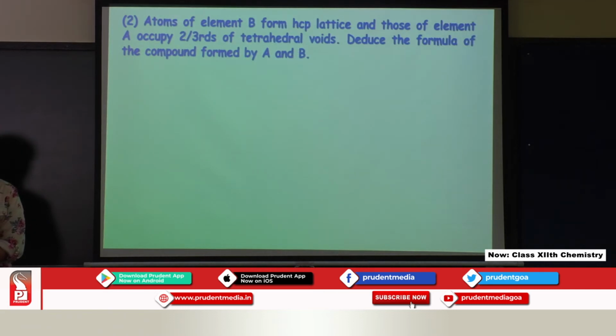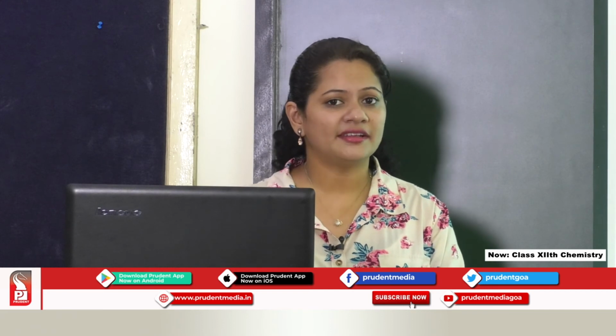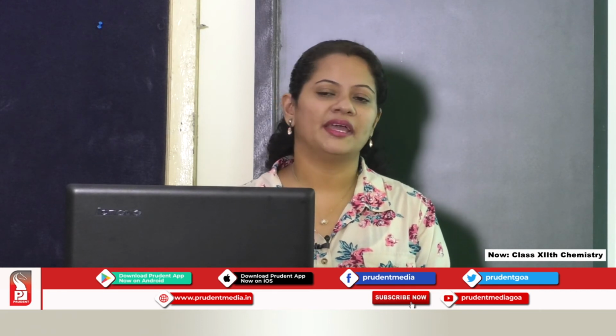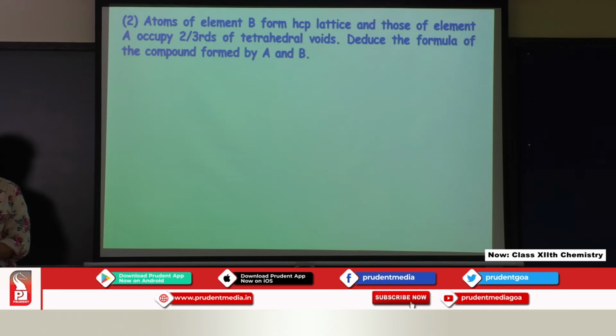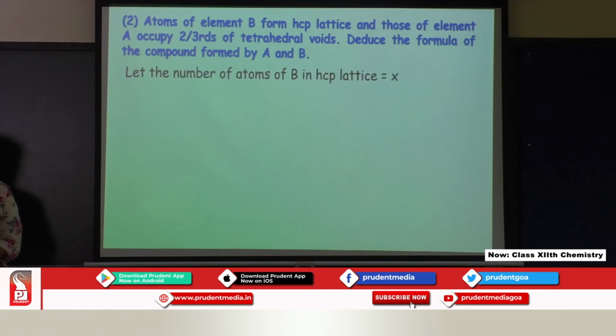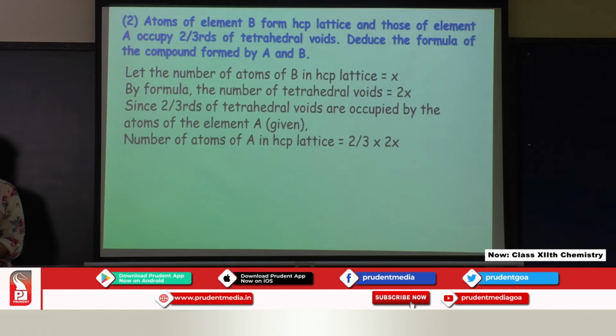Another simple example. You are given that atoms of element B form HCP lattice and those of element A occupy 2/3 of voids. Deduce the formula of the compound formed by A and B. Let's take the number of atoms of B in HCP lattice to be equal to x. So, by formula we know that the number of tetrahedral sites generated will be twice x.